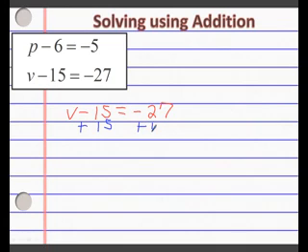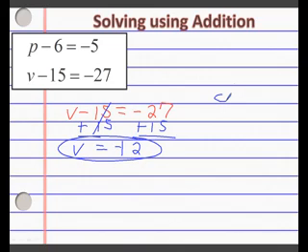And I have to do that to both sides of my equation. So I'll bring my v down. Negative 15 and plus 15 is 0, so that's gone. Equals, alright, negative 27 plus 15 is negative 12. So v equals negative 12.